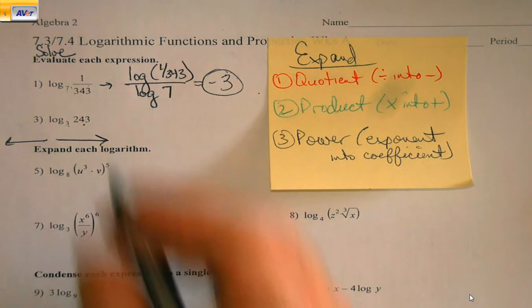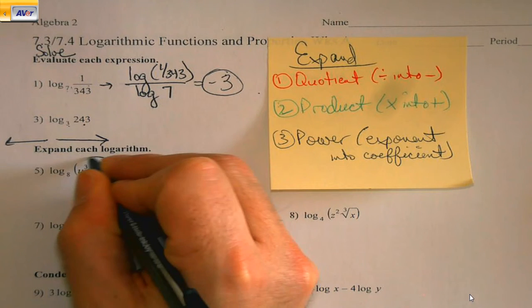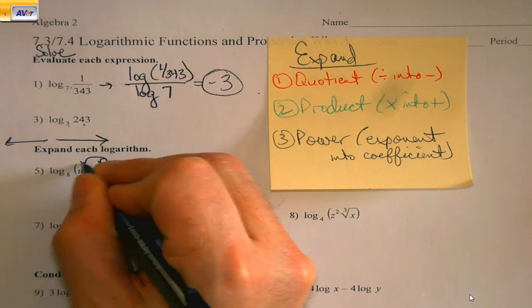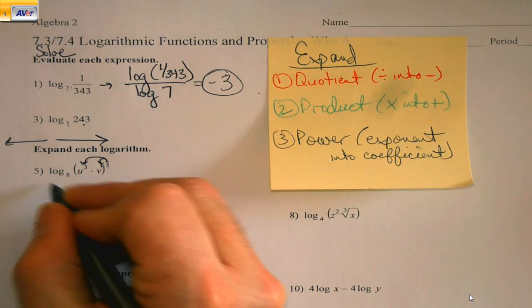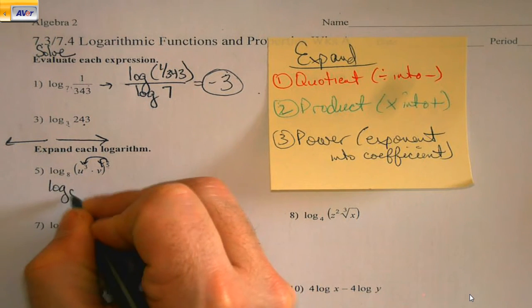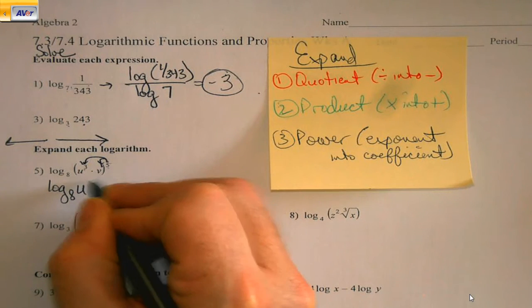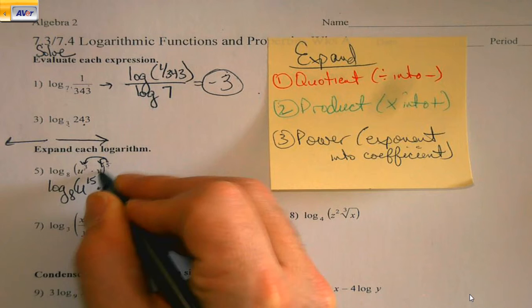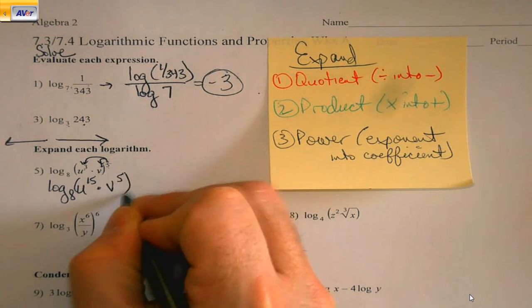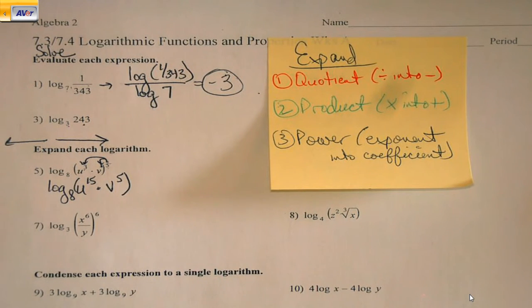If that happens, my first step is going to be to go ahead and distribute that. And when we go power to power, we multiply. So we'll rewrite this. 3 times 5 is 15. And 1 times 5 is 5. Okay. So that's our initial problem that we're going to look at.